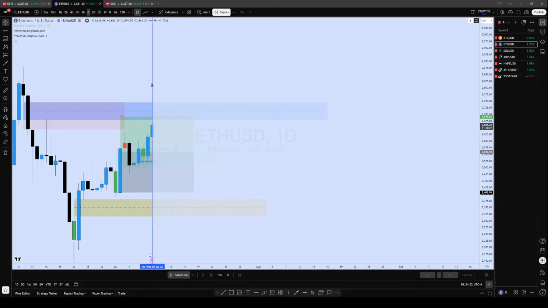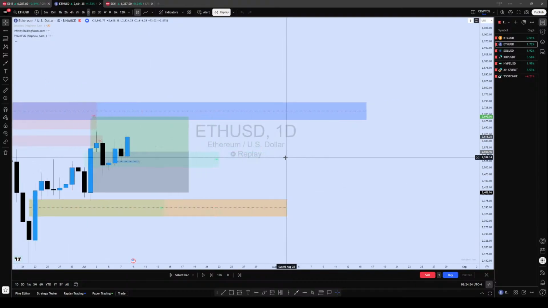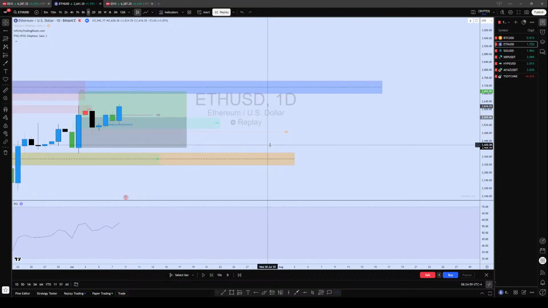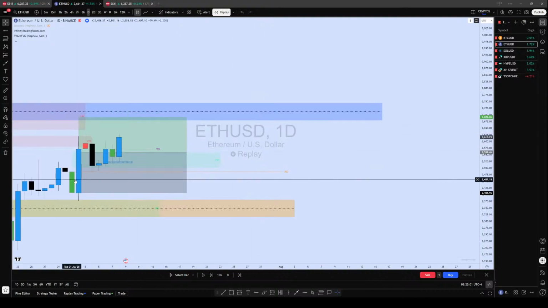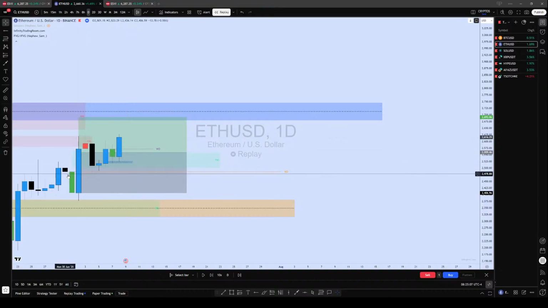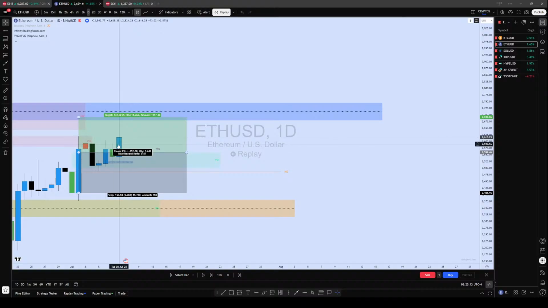Now the question is, how do you buy this? Remember, I've done a couple of teachings, and I said whenever we have a gap and price moves away closing above a down candle, that down candle becomes sensitive as an order block.